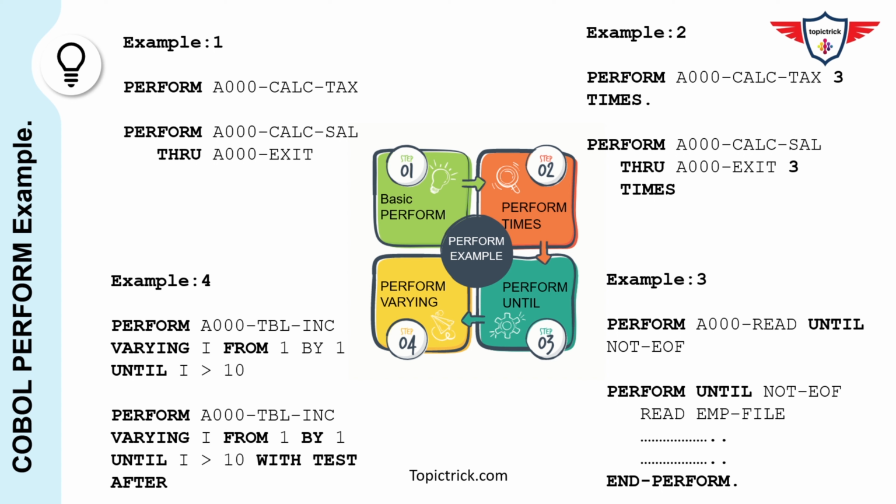It will keep on executing the logic mentioned in the paragraph, and it will keep on increasing the value of I by 1 until the value is greater than 10. Similarly, you can also use the with test after or with test before parameters to check the condition before executing a logic or after executing a logic.